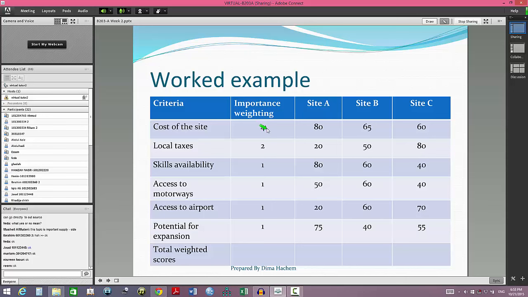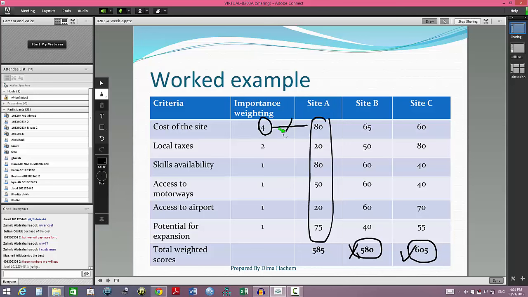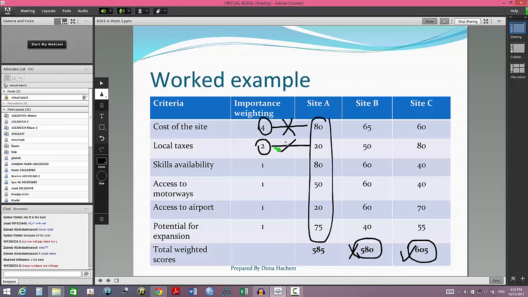You need just to decide which site is the best site for the operation. The numbers, you multiply 4 by 80, and multiply 2 by 20, and 1 by 80, and so on.